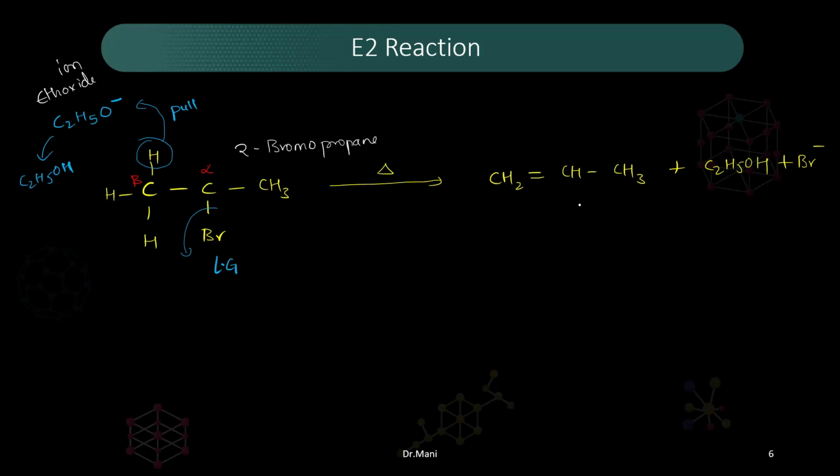And this, with a double bond in 3 carbons, we call prop-1-ene, or simply propene. And C2H5OH, an alcohol with 2 carbons, is ethanol. And this is bromide ion. Come on guys, be strong in the IUPAC naming. So this is how the E2 reaction will happen.